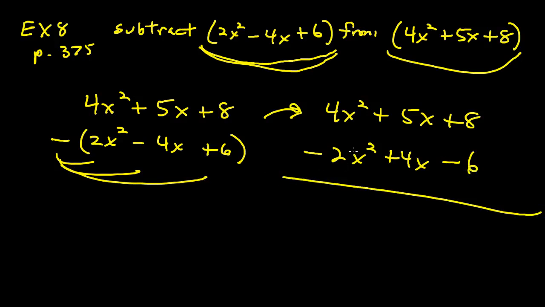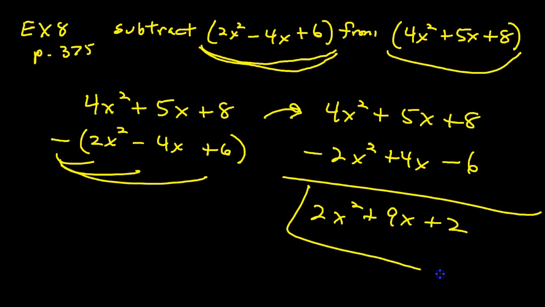Now I'll add the like terms. 4x squared minus 2x squared is positive 2x squared, adding those coefficients. 5x plus 4x is 9x, and 8 minus 6 is, of course, positive 2. Final answer: 2x squared plus 9x plus 2.